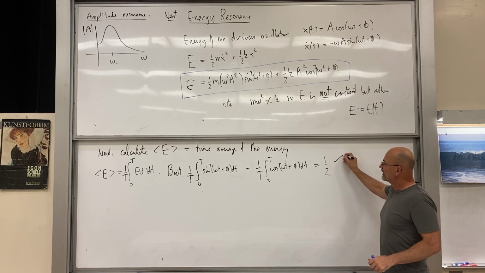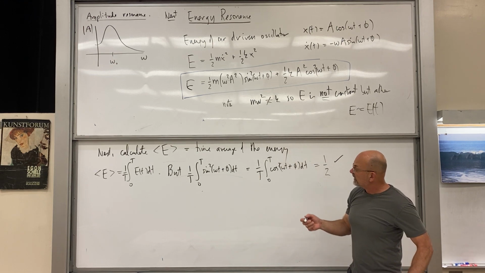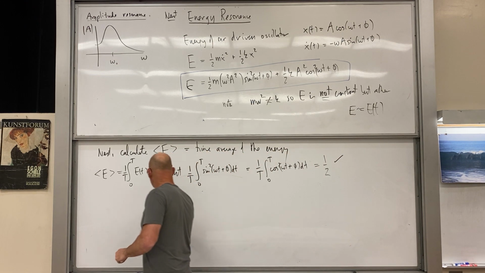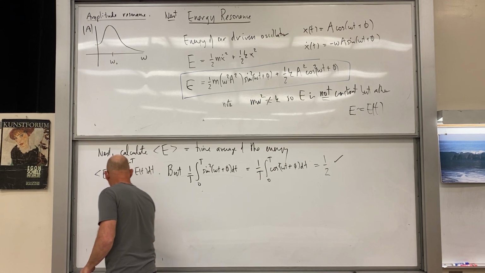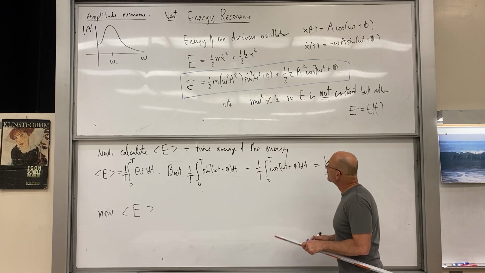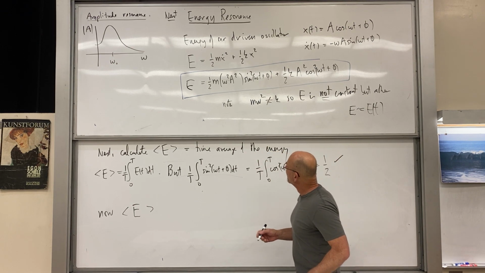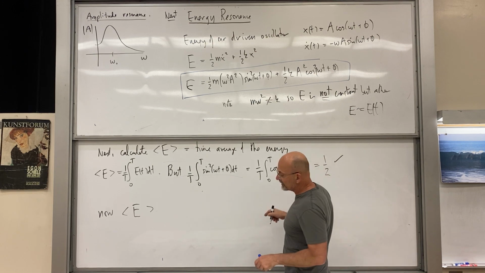Okay. So we can make use of that, and now we'll go into here and construct our E time average. So now what do we have? We have a 1/2 in front of all of these things.